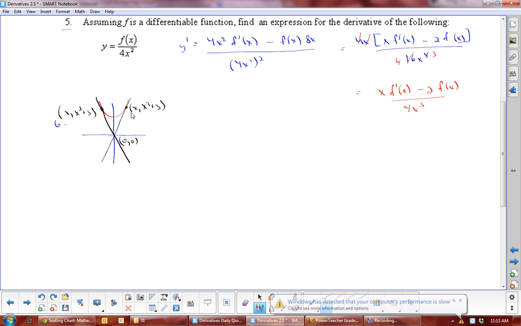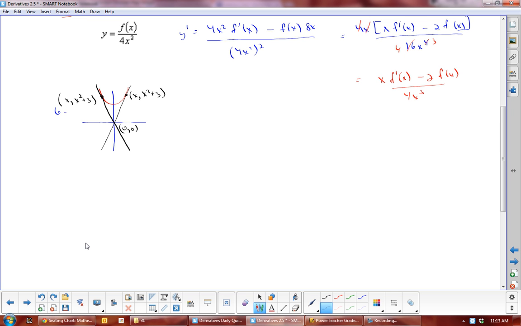This line and this curve would have the same slope at that point. So we could find the slope of the curve quite easily, and we can find the slope of the line. Okay? So let's talk about the slope of the curve.